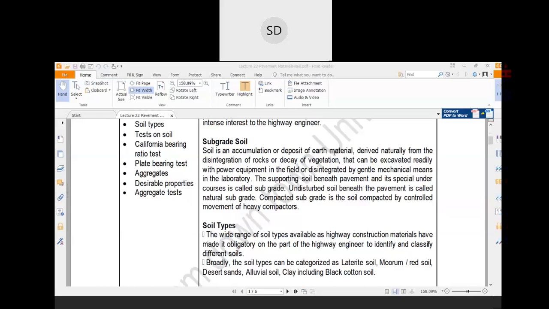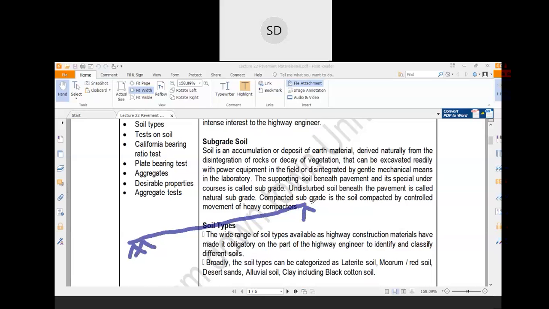So, in the pavement, there are different layers. What are these layers? Let us discuss. This is your soil layer or embankment upon which your pavement is made.